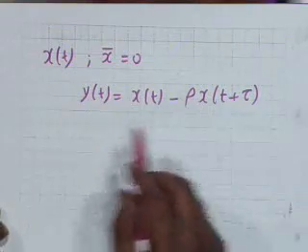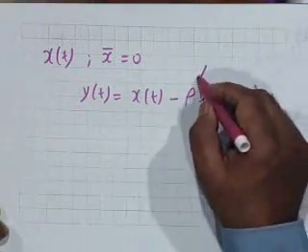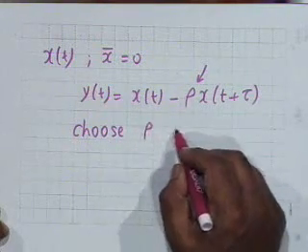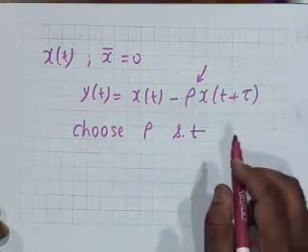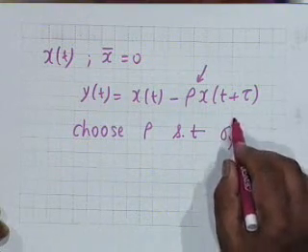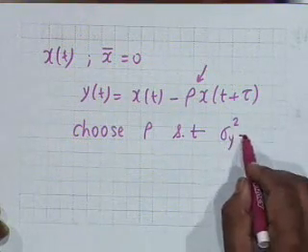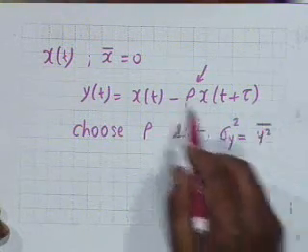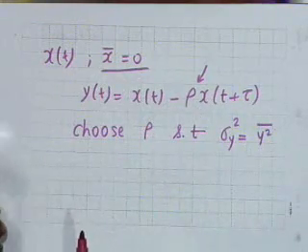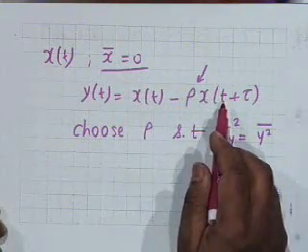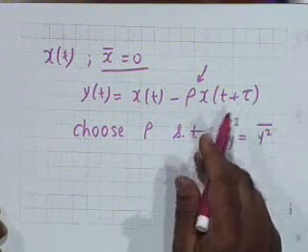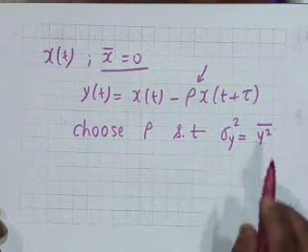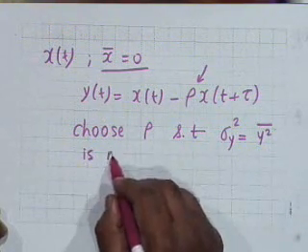Now, we want to choose rho. The problem that we set ourselves is to choose rho such that sigma y squared, which is the same as y squared bar because we have assumed a zero mean random process, and y is a linear combination of two random processes and therefore also zero mean, is minimized.